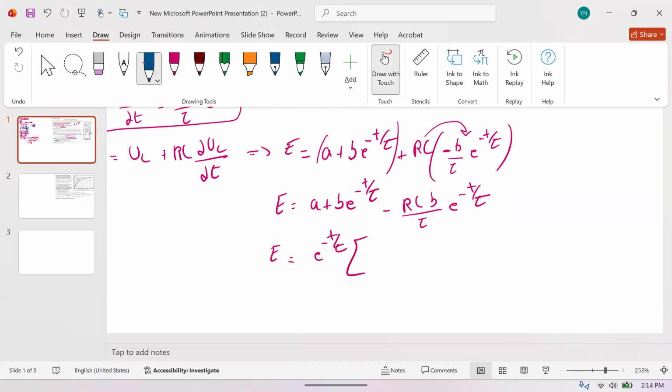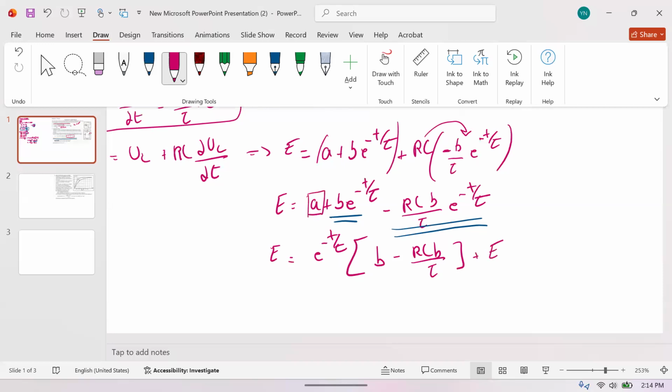The terms that have exponential are this one and this one. So we rewrite what's next to the exponential, which is b minus rc, b over tau. And the only thing that doesn't have an exponential is kept outside by itself, which is a. I'm sorry. And a should be e at the end.